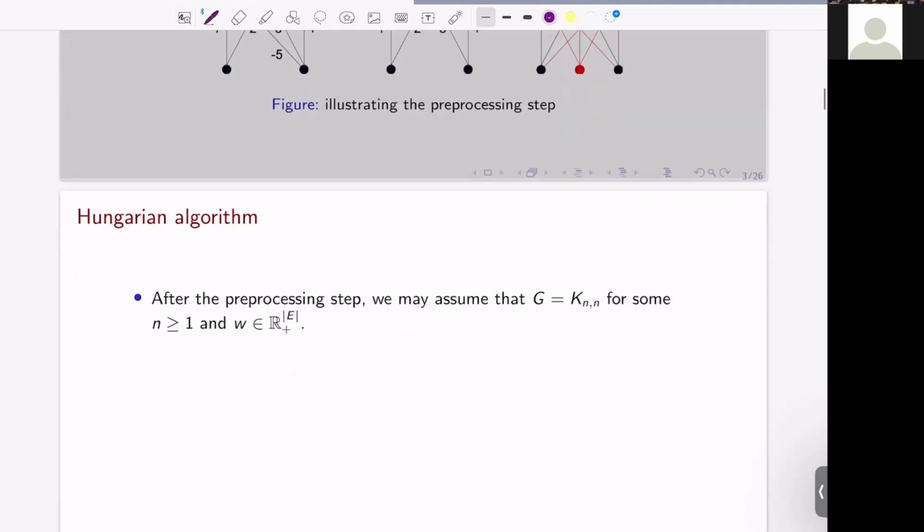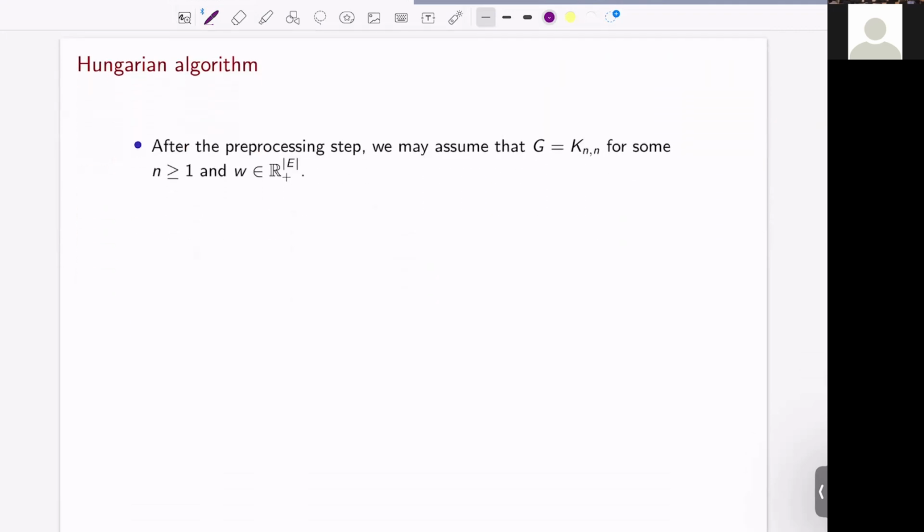Now, after doing this, we can assume that our graph is a complete bipartite graph where the two sides have the same number of vertices and the edge weights are non-negative. This is the typical input for the Hungarian algorithm.